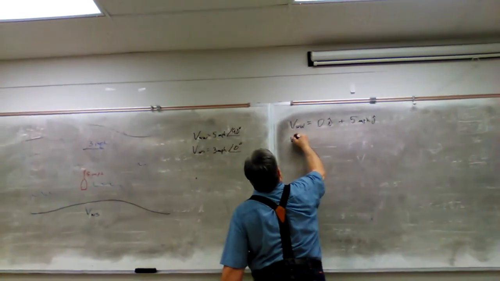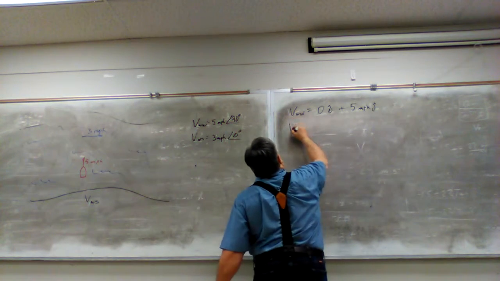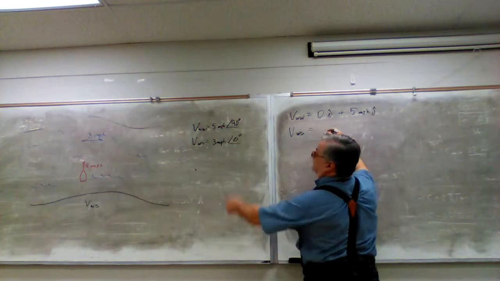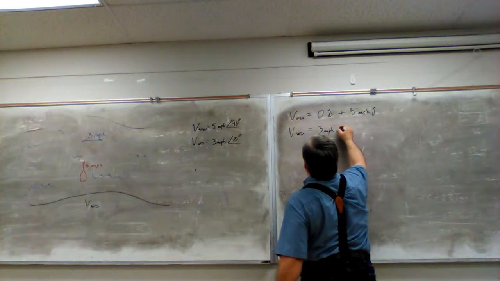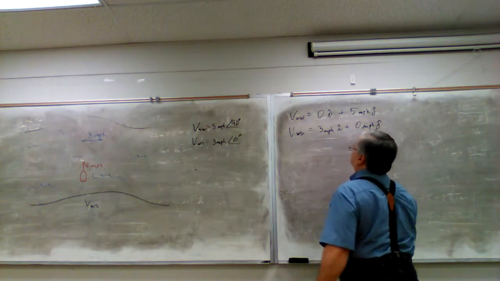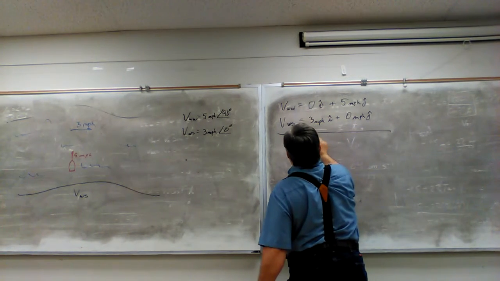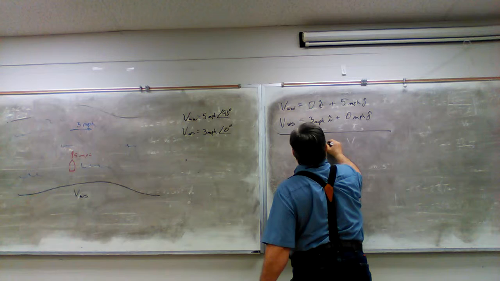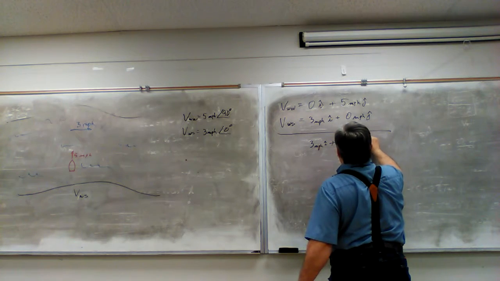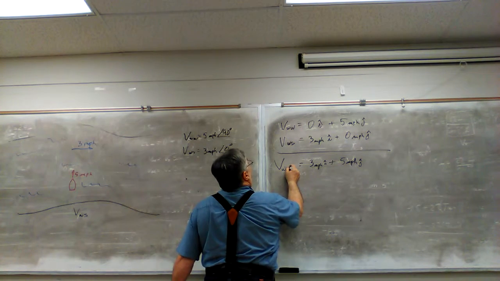The velocity of the water with respect to the shore, too many V's and W's in one sentence, is going to be 3 miles per hour I plus 0 miles per hour J. The vector sum is now 3 plus 0 I plus 5 miles per hour J. And that is equal to the velocity of the watercraft with respect to the shore.